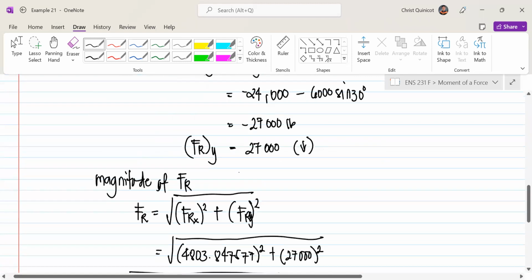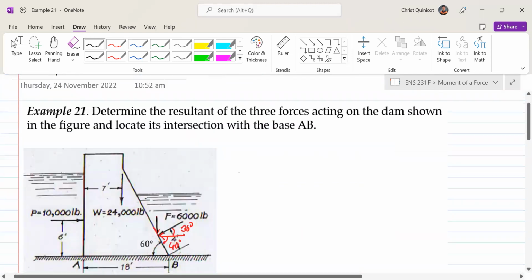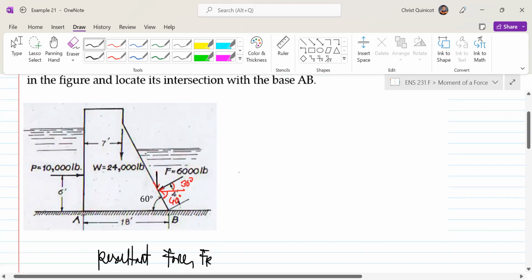Now we are tasked to find the intersection with the base AB.